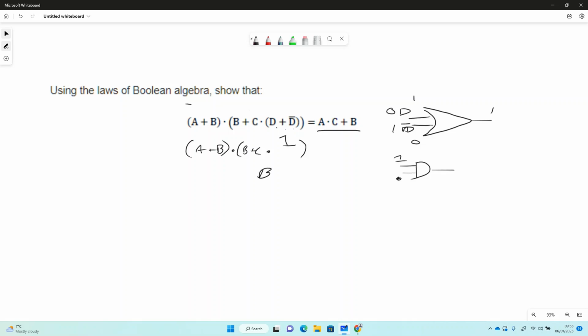So that means we can reduce this to B or C. So we've got A or B, and B or C.